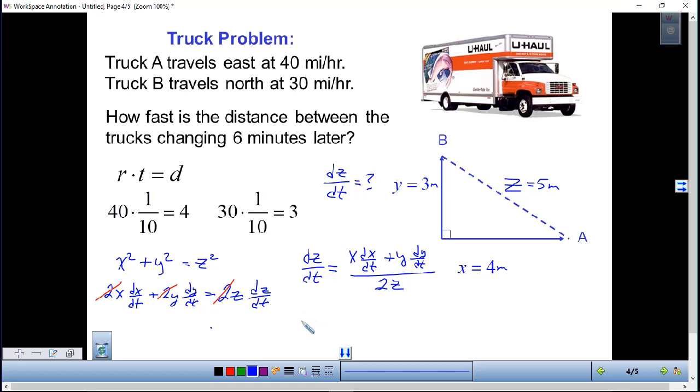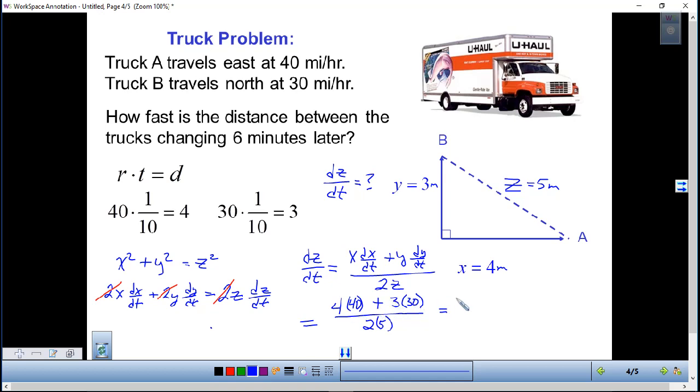Now, when we plug everything in to that, x was 4, dx/dt was going to be 40 miles per hour, plus y, which is 3, times dy/dt, which is 30, and divided by 2 times z, which is 5.